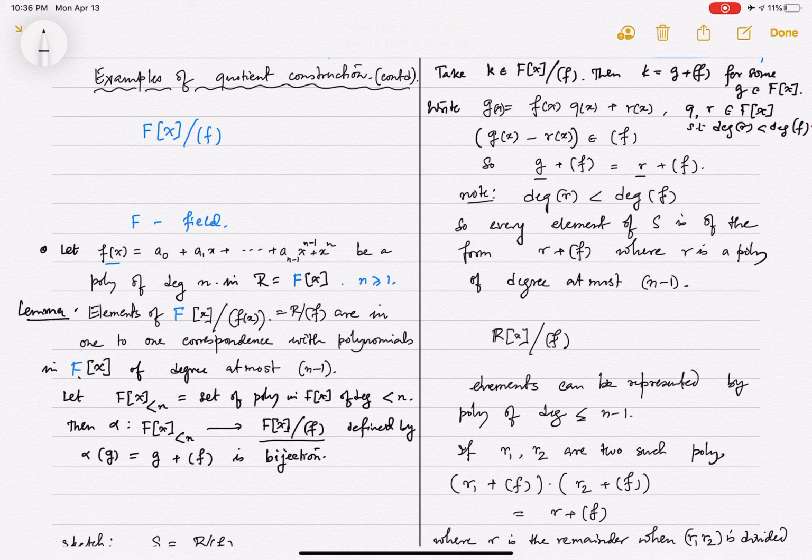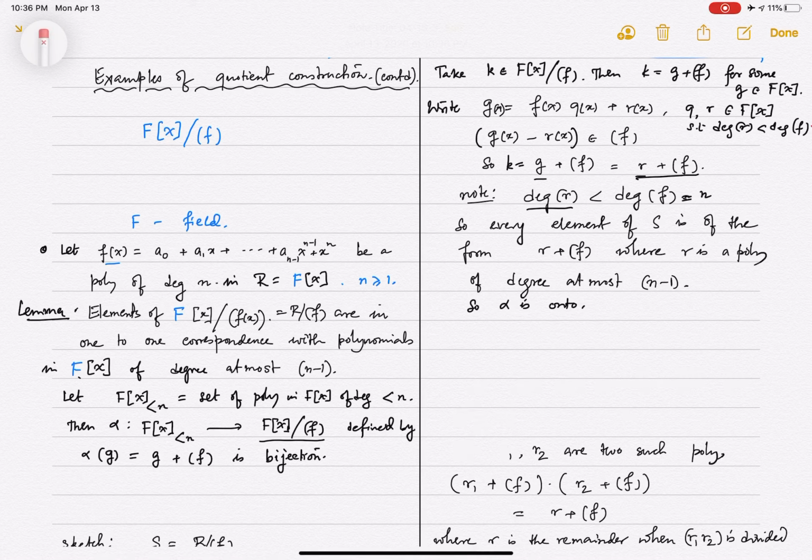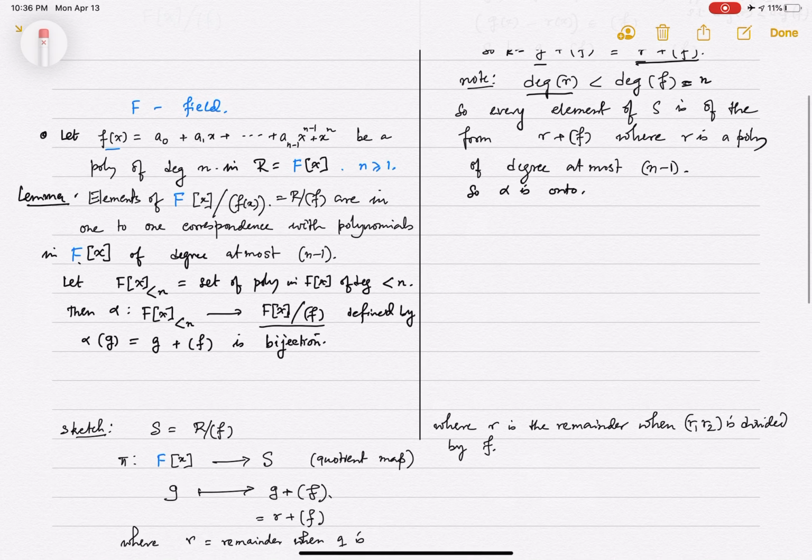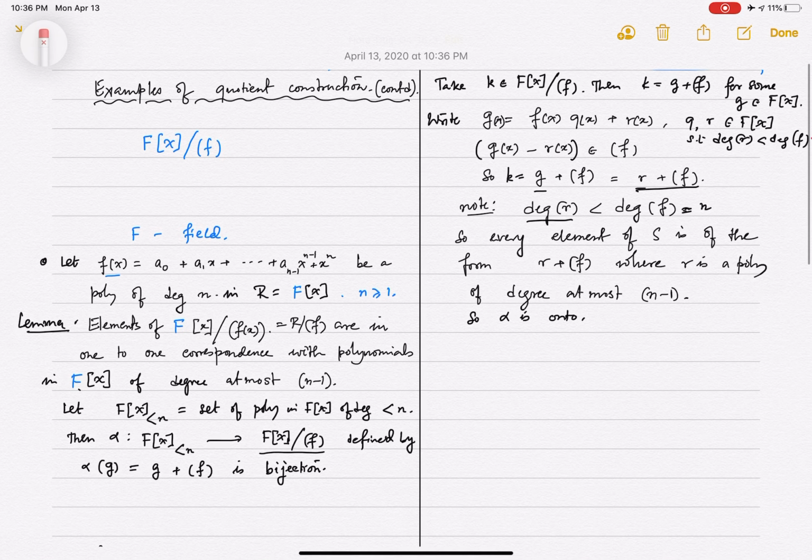So this element k is also represented by this r, and r indeed has degree less than n. And this shows that this map alpha is onto. Okay. So indeed, every element in this quotient ring can be expressed as the coset of a polynomial of degree less than n.